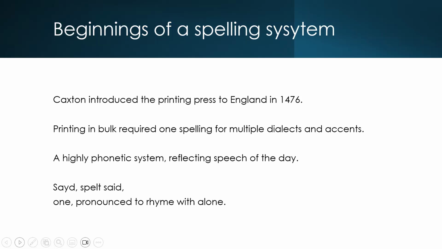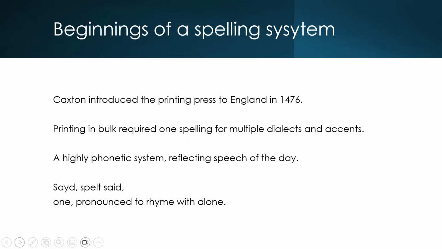But whose accent? One Southern England dialect was chosen, the one used by the king, and that accent of over 500 years ago is the basis of how our most common words are spelt today for all English accents worldwide.